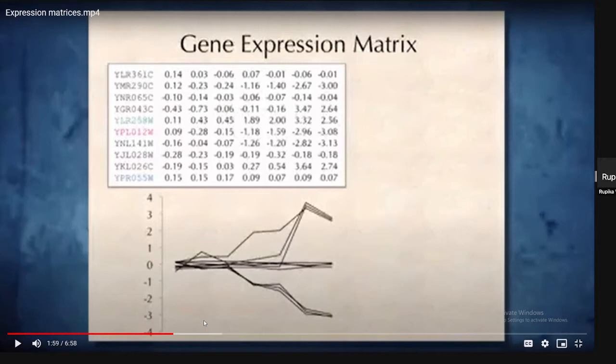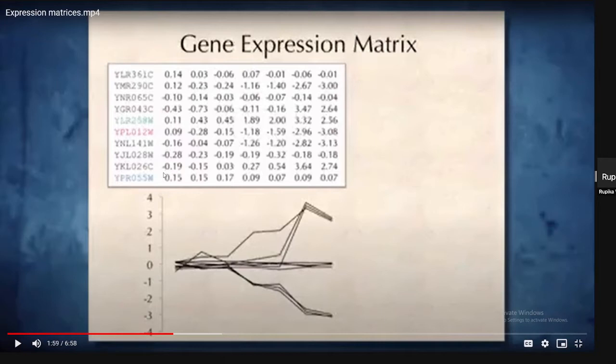We'll see, I think the exact number may be here. So you can see some more genes are considered here, and the expression levels are noted. This we call a gene expression matrix.